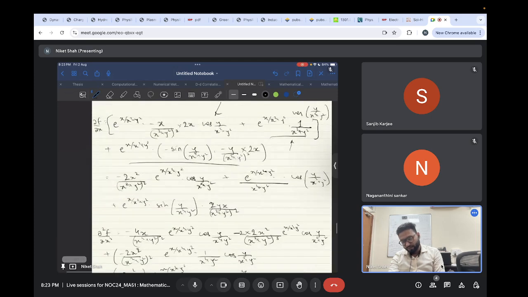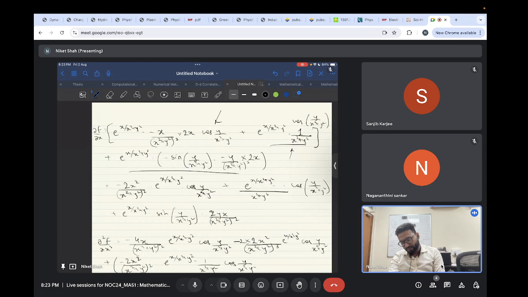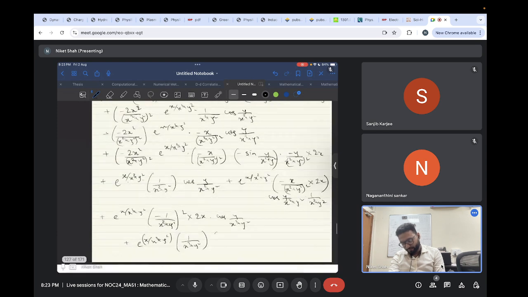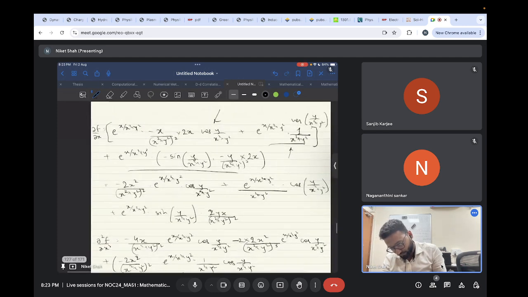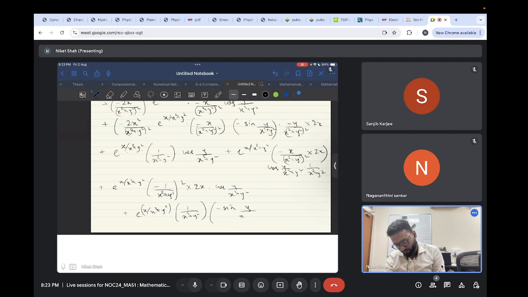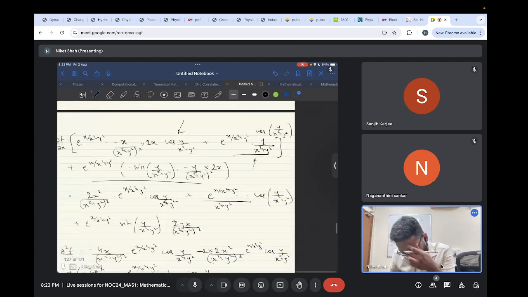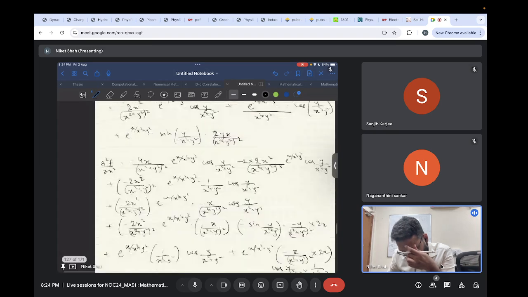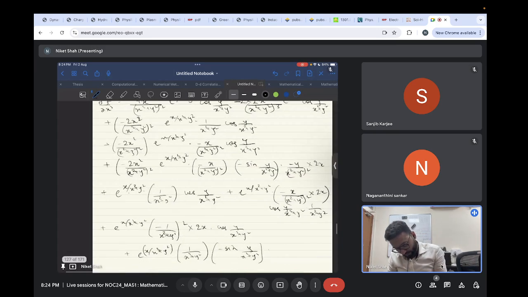Actually, this whole square. Let's go into cos, so which becomes minus sine y upon x square plus y square into minus y divided by x square plus y square.